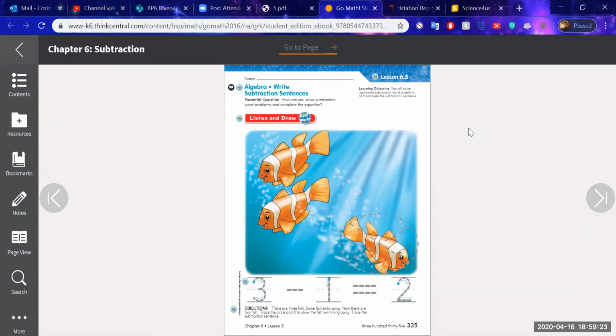It's swimming away. So how many fish do we have in all? Let's count them. 1, 2, 3. 3 fish. And how many is swimming away? 1 fish. Then how many is left over? 2 fish. So 3 minus 1 equals 2. Great job.